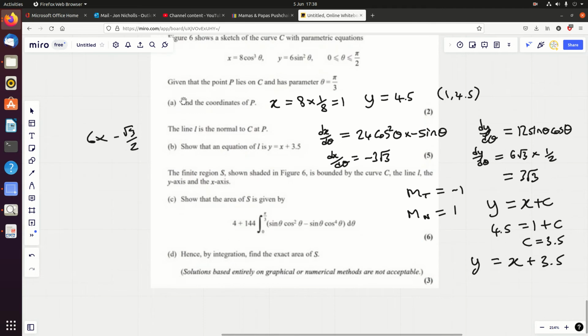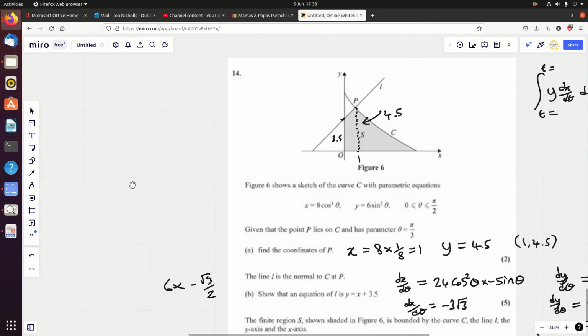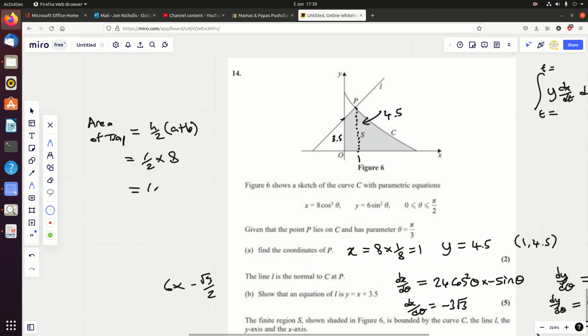I'm guessing that that comes from the area of the trapezium, which is h over 2 times a plus b. Your a here is 3.5 and your b is 4.5, which add to give 8, and your h is 1. So we have a half times 8, which is 4.